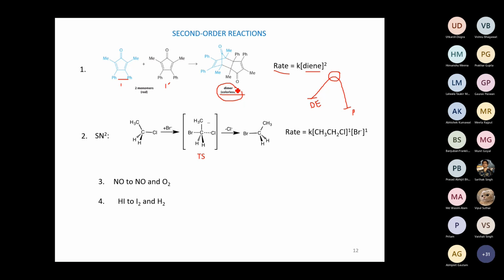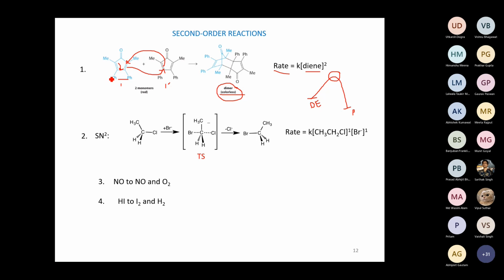Whatever the transition state, we don't know what is going on in it. You can speculate, showing arrows like 4+2 cycloaddition is going on, but rate law is not telling the structure of the transition state. Rate law is telling that at least two monomers are involved in the transition state.